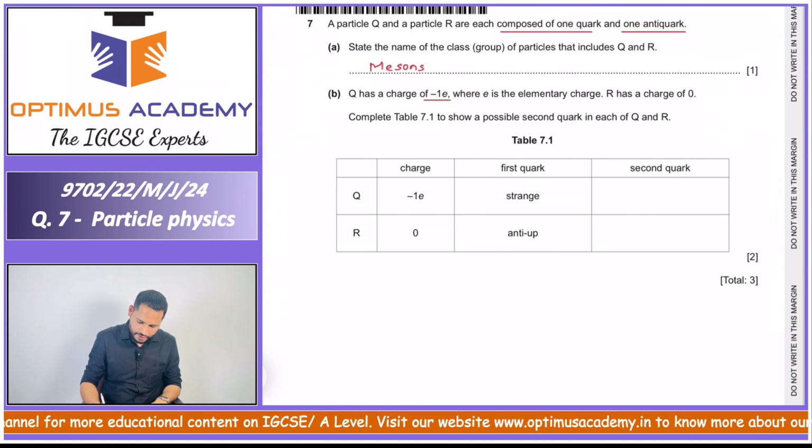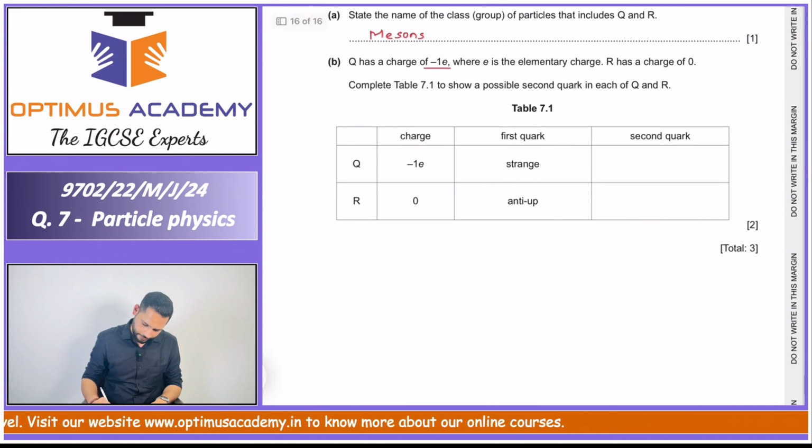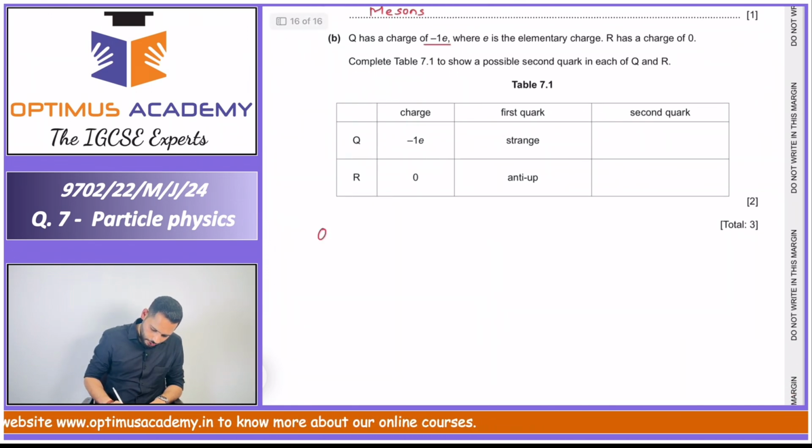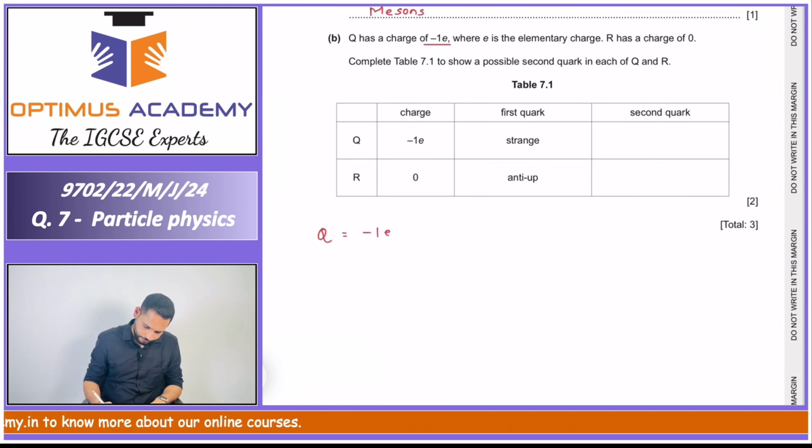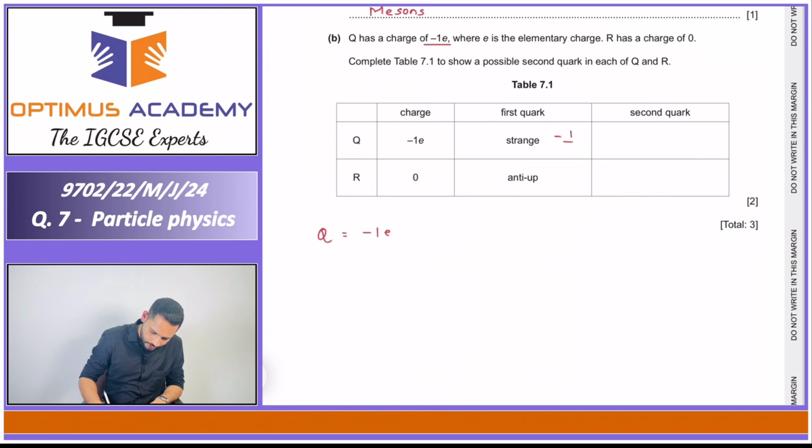Next question. Q has a charge of -1 e, where e is the elementary charge. R has the charge 0. Complete table 7.1 to show a possible second quark in each of Q and R. Now see, Q has a resultant charge of -1 e. The strange quark has a charge of -1/3.